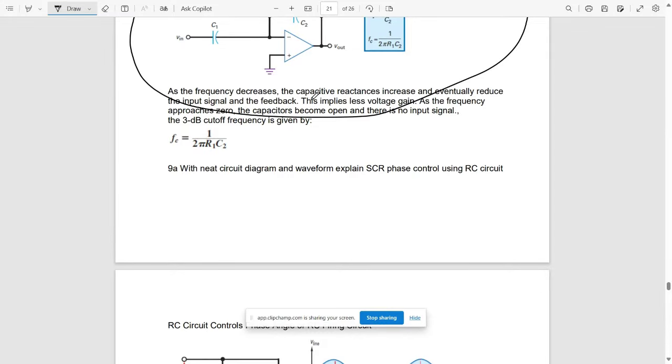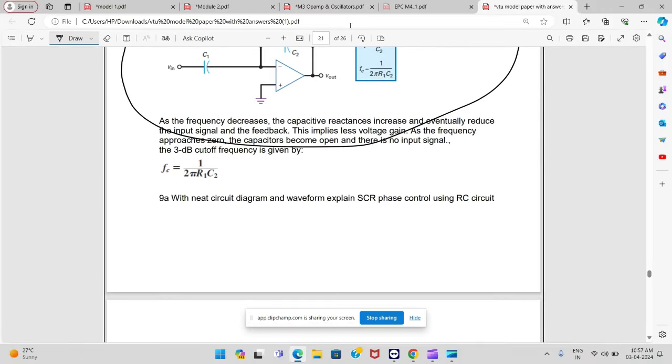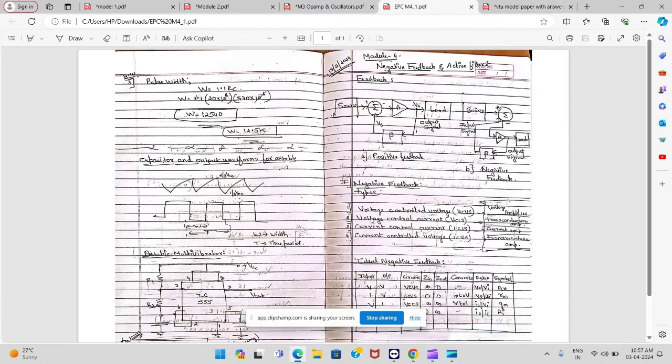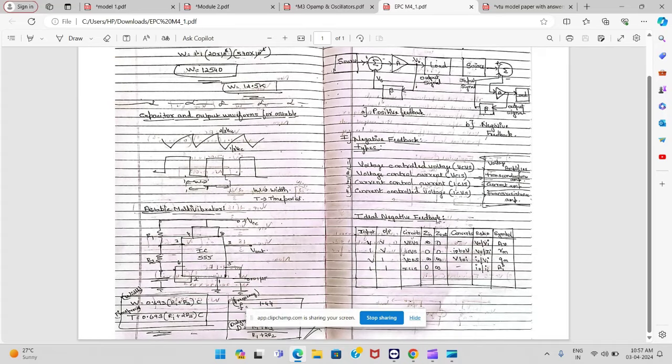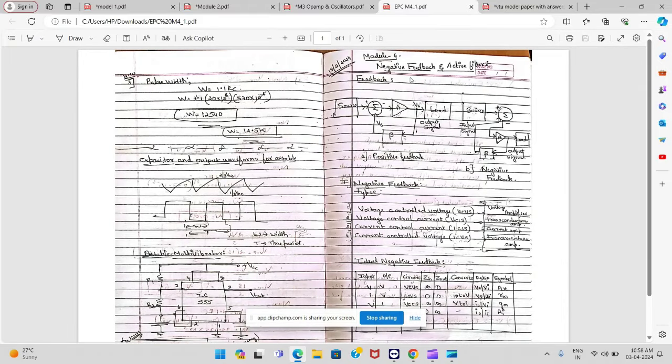Also in module 4 we have a few other important things that we need to discuss. That is here in module 4, the ideal negative feedback, four types. And also we have a block diagram for the feedback amplifier. This is a very, very important block. The feedback amplifier block would be like this.